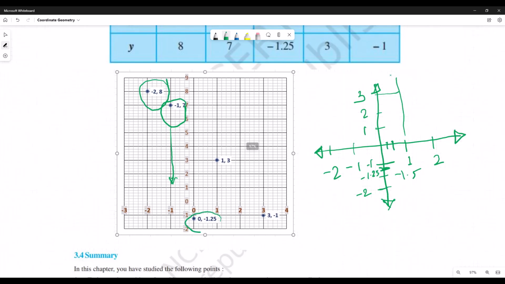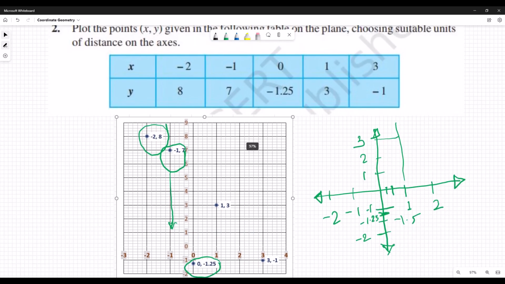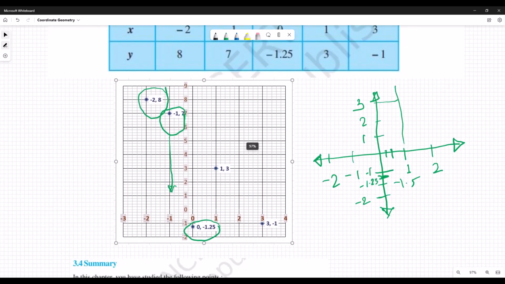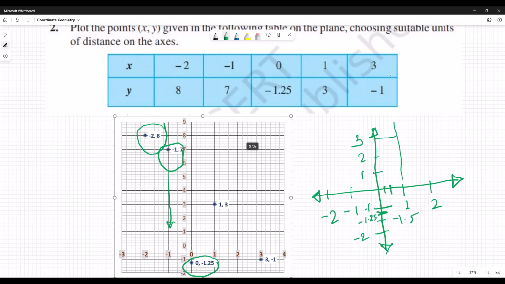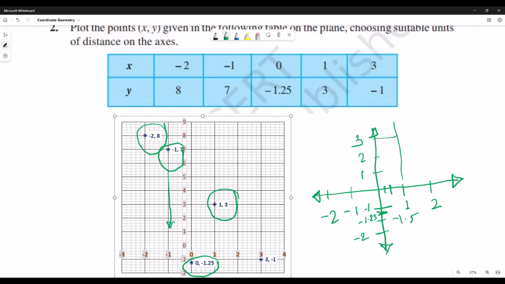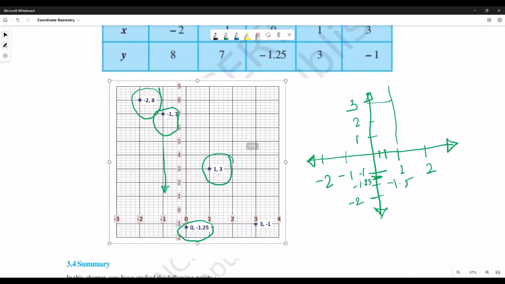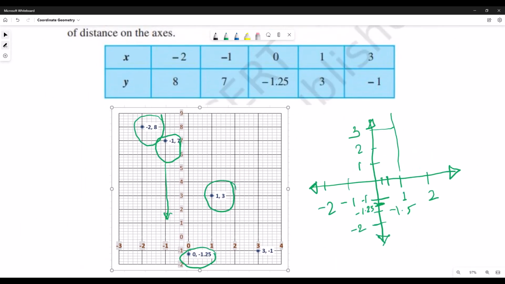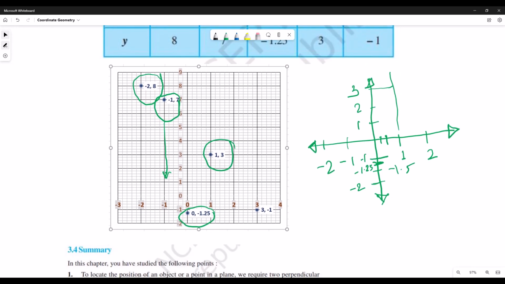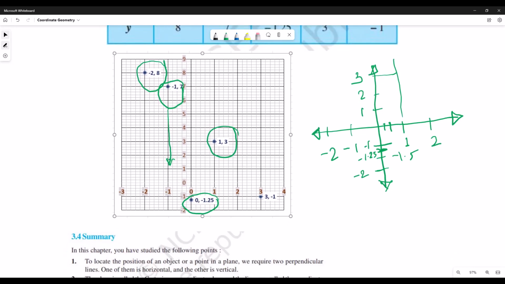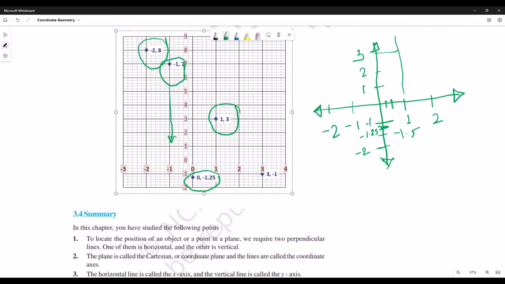So this is the third point. X is 1 and y is 3. So this is the point. And 3, minus 1, right? So this is the point, 3, minus 1.